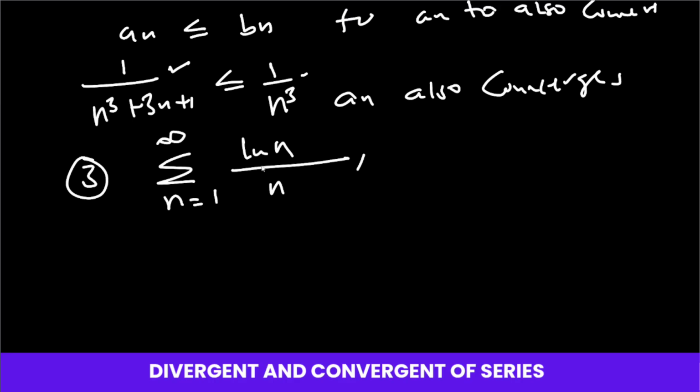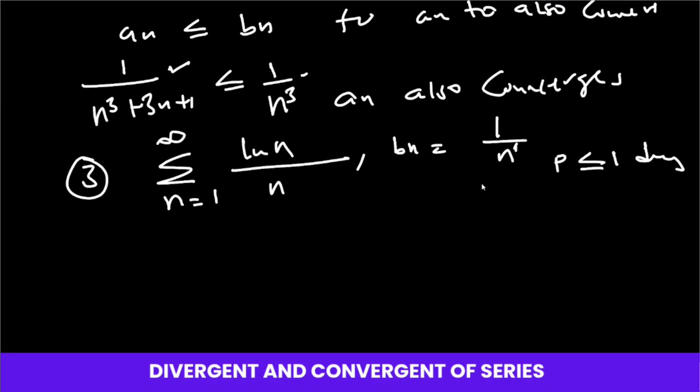Here we are going to pick the value of Bn. We can say Bn is equal to 1 over n. Now we know from the p test that if p is less than or equal to 1, then it diverges.